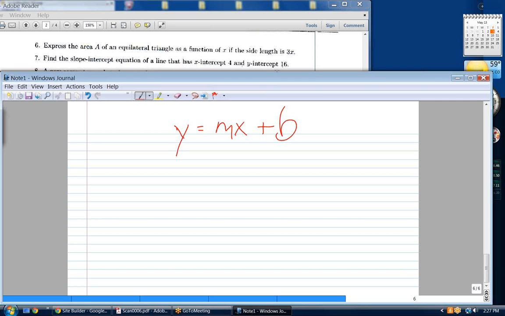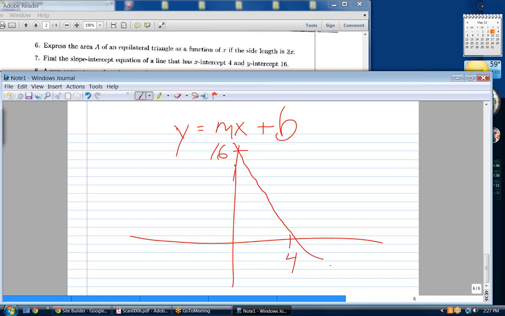Okay, so that means we plug in 16 for b and 4 for x. Couple of ways we can do this. There's our line. So what's the equation of that line?